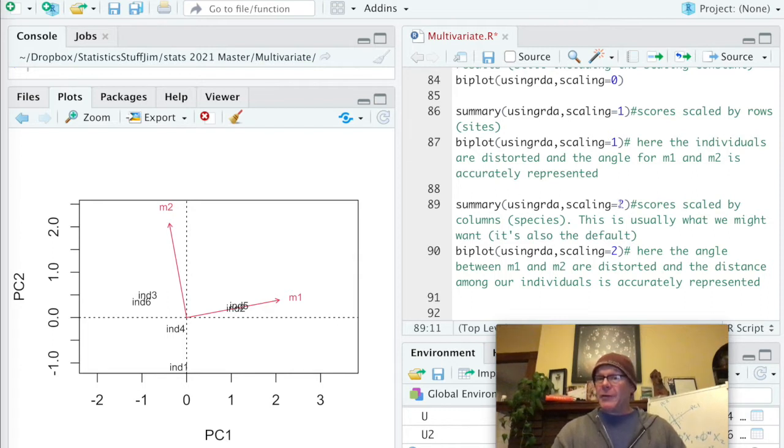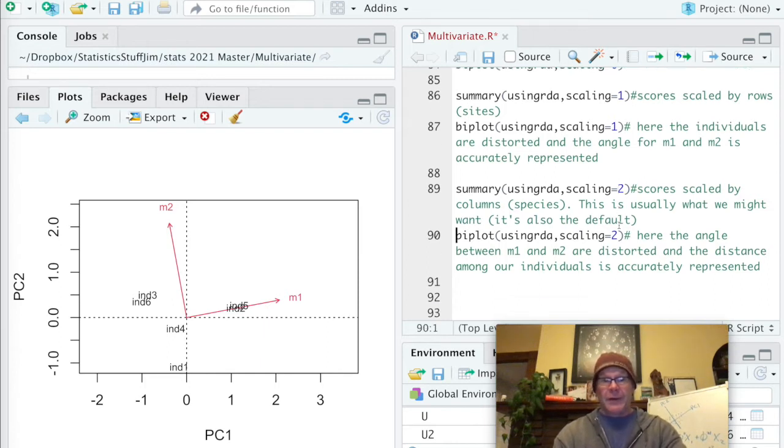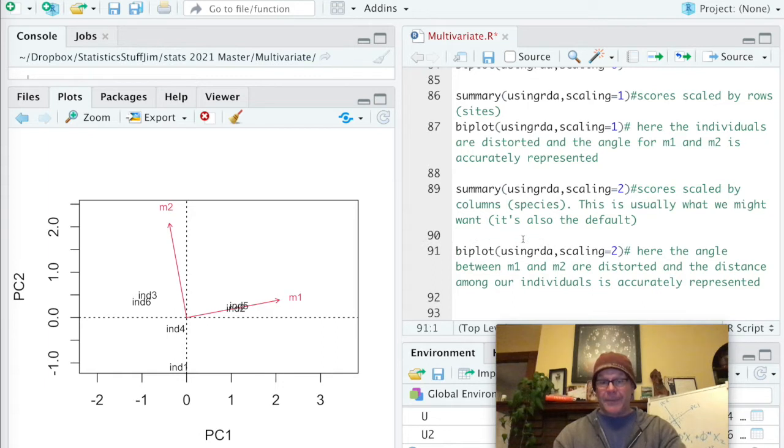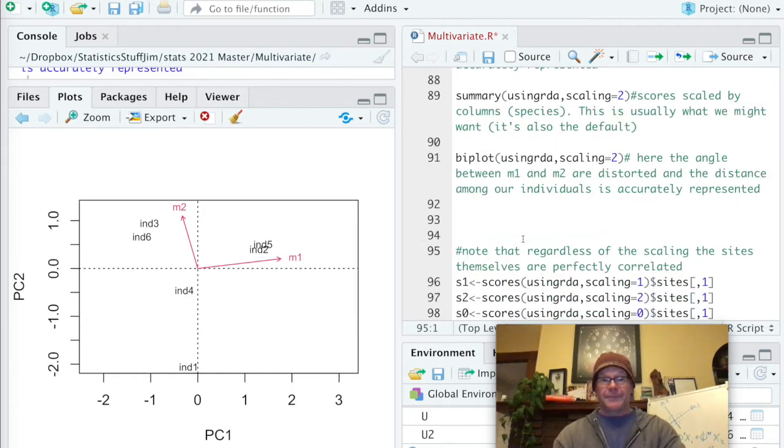So again, if we do scaling 2, which is usually the one that you would probably want, and it is the default, if we look at a biplot of that, now we can trust the distances amongst all of our sites. And in this case, our sites are the individuals that we took those measurements on.